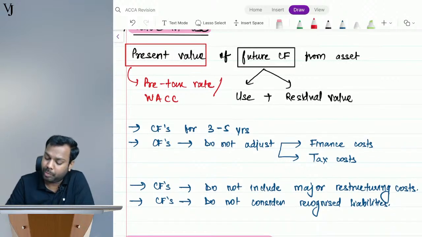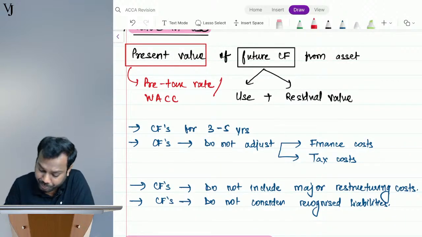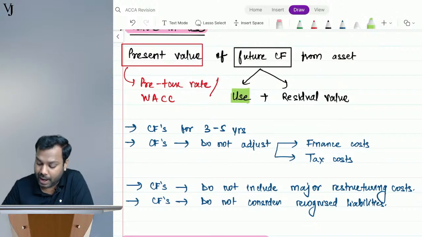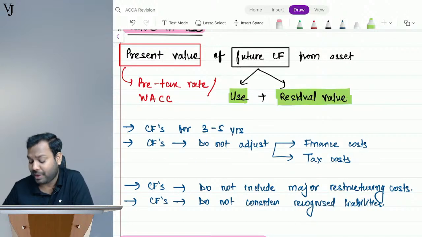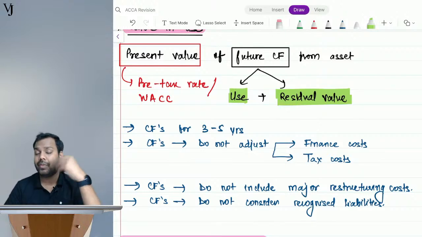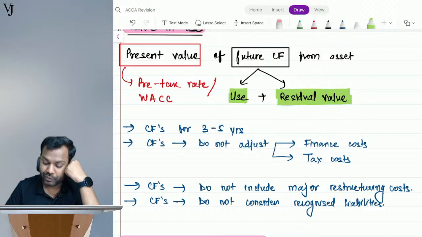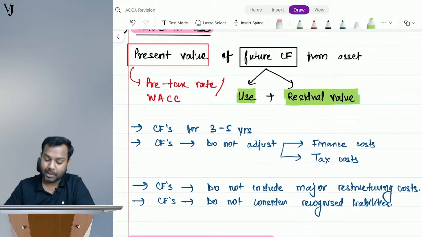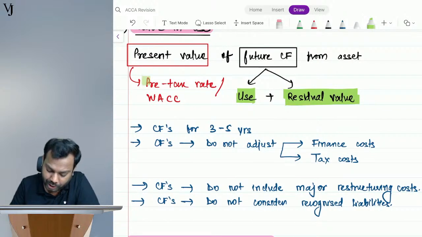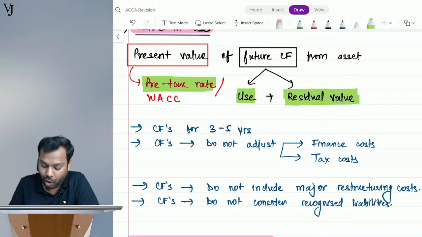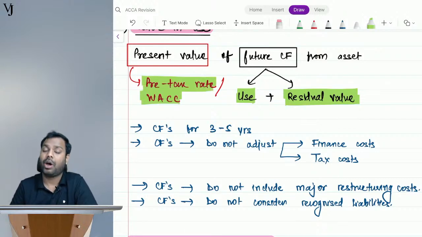Future cash flows will be the cash flows from using the asset, and from the residual value of the asset, that is at the end of the life of the asset. If I will sell the asset, what is the value I'll get? These two are the cash flows, and the present value I will calculate using the pre-tax rate or weighted average cost of capital of the entity.